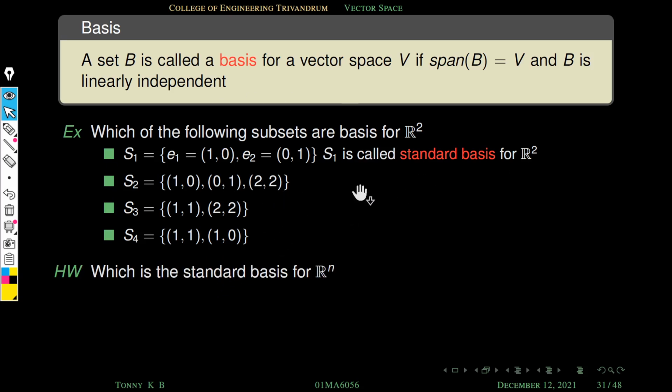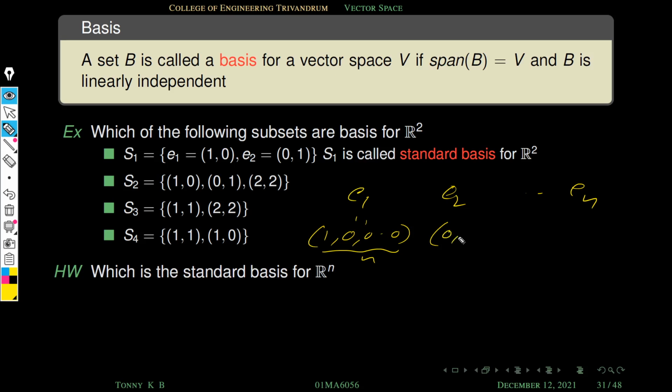So similarly, you can define bases for Rn. Then there is a natural question: which is the standard basis for Rn? Similarly, you can define E1, E2, etc., En. Then you can generate every element in Rn using these E1, E2, En. What is E1? E1 is (1, 0, etc., 0), and this contains a total of n elements, an n-element vector.